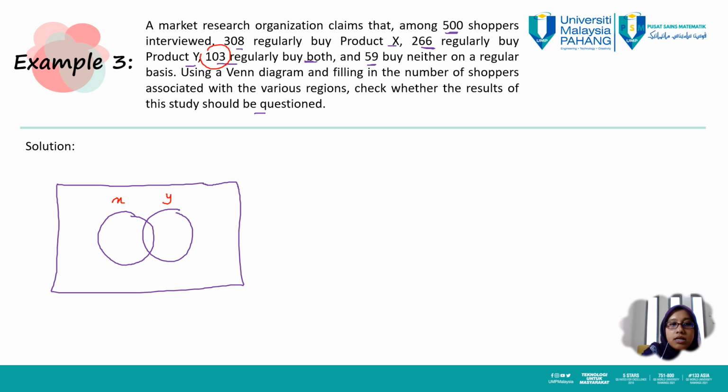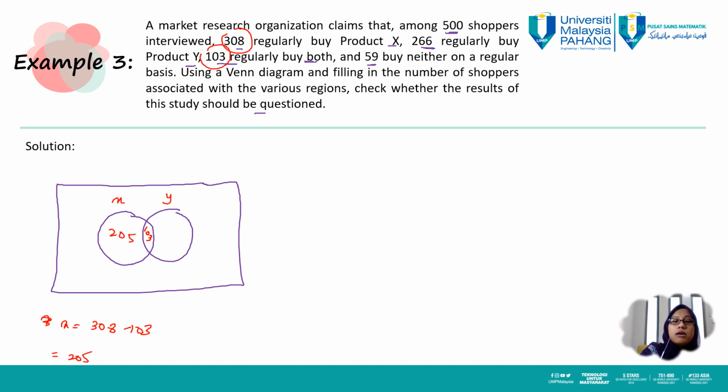That means in the middle here, this is for 103. Those that buy X only is 308. That means X only is equal to 308 minus 103. So you will have 205. So this is for 205.